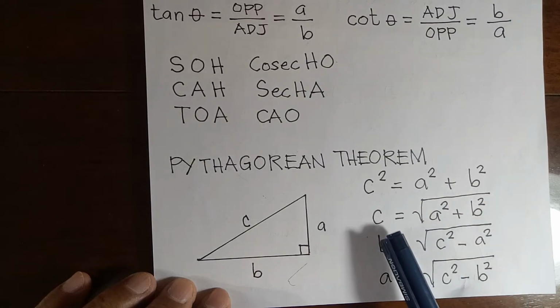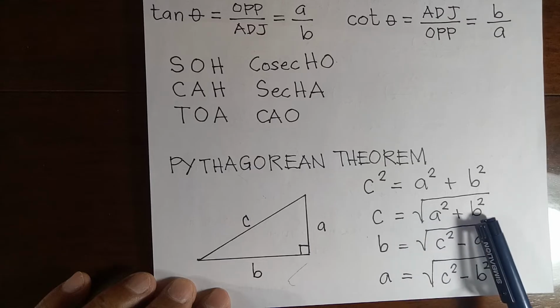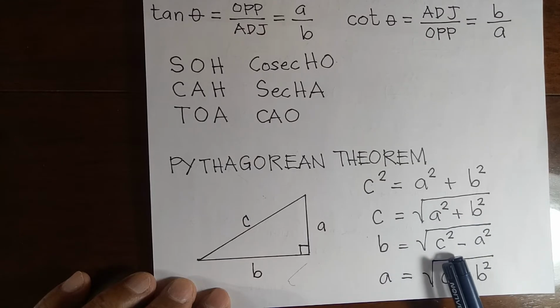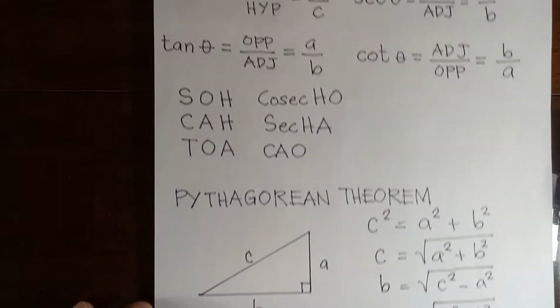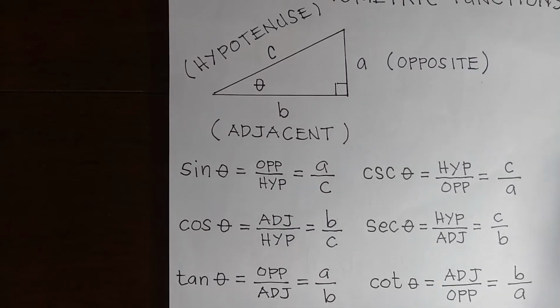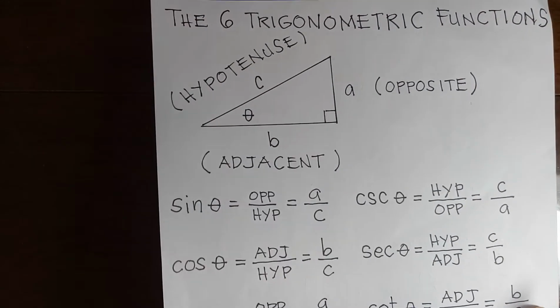So if you want C, then C will become square root of A squared plus B squared. Sa B naman, B equals square root of C squared minus A squared. At sa A, equals square root of C squared minus B squared. So, nireview natin itong mga ito dahil gagamitin natin ito sa solution ng integration by trigonometric substitution.